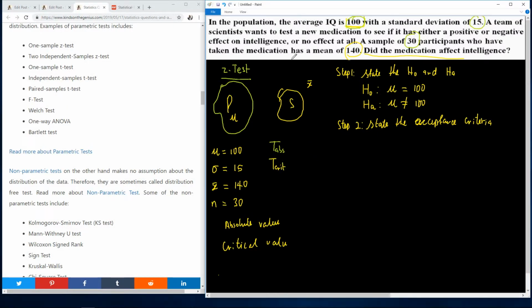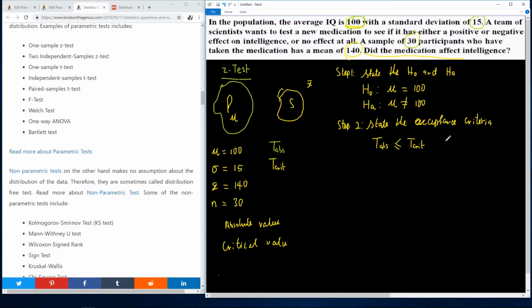So in hypothesis testing, you are comparing the two. So in this case, the acceptance criteria for the null hypothesis will be when the absolute value is less than or equal to the critical value.